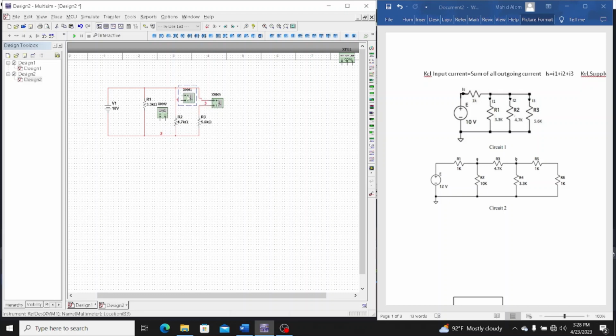I cannot connect this. We need to remove this, because if I don't remove that, then it won't show the real value.